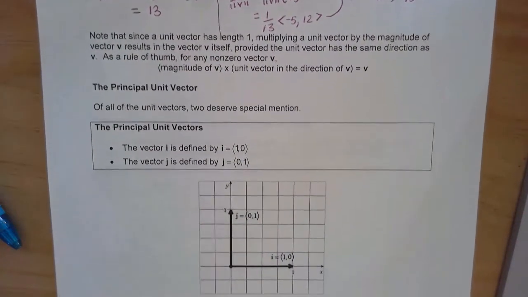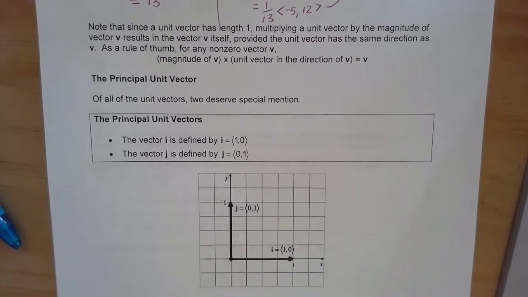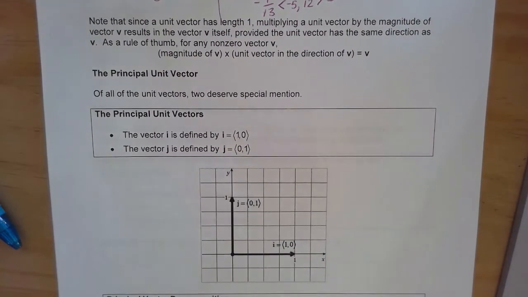Principal unit vectors. Of all the unit vectors, 2 deserve a special mention, and we label these vectors as i and j. So i is your unit vector (1, 0), which lies on the x-axis.